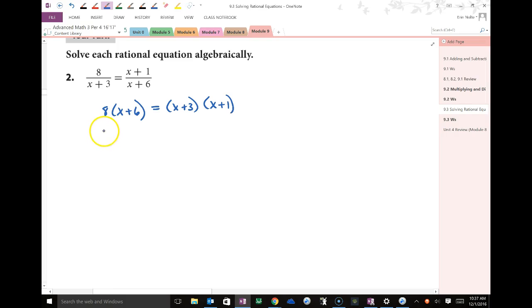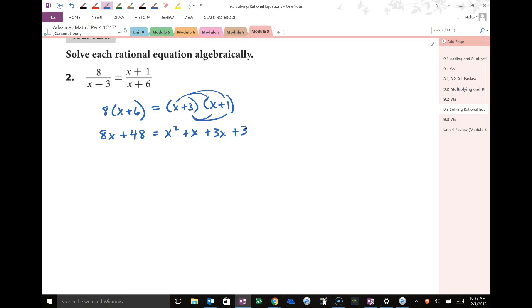Okay, so I distribute that 8, so I have 8x plus 8 times 6 is 48. If I FOIL on the right-hand side, I have x times x, which is x squared, plus x, plus 3x plus, how about 3 times 1 makes 3 today? It's alright, people make mistakes, I do too. So bad at adding. So bad at it.